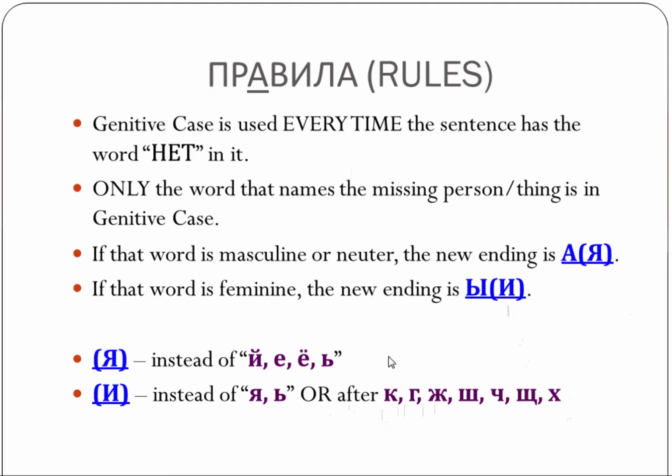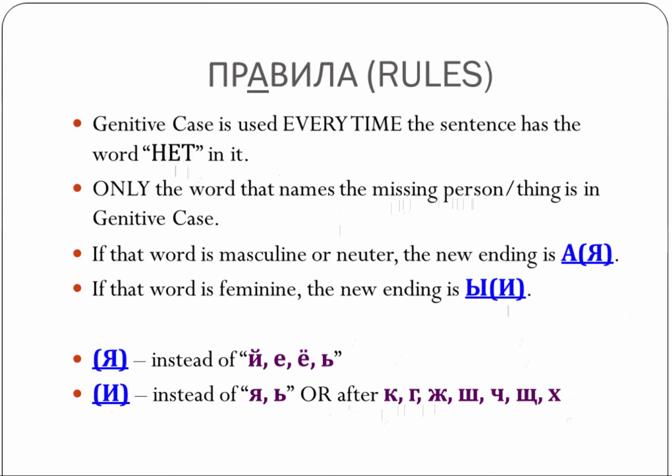And as an illustration, we're going to build a sentence that has word нет in it. And I would like to look at the question, who is not in class today? Who is absent? So if we had the answer to this question, then the word that names the missing person, the name itself would go into genitive case.